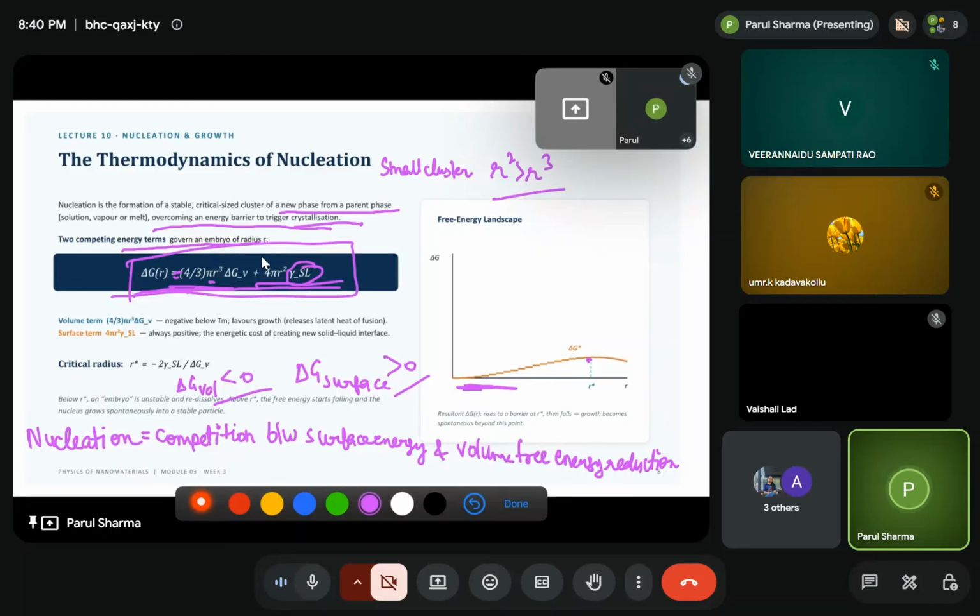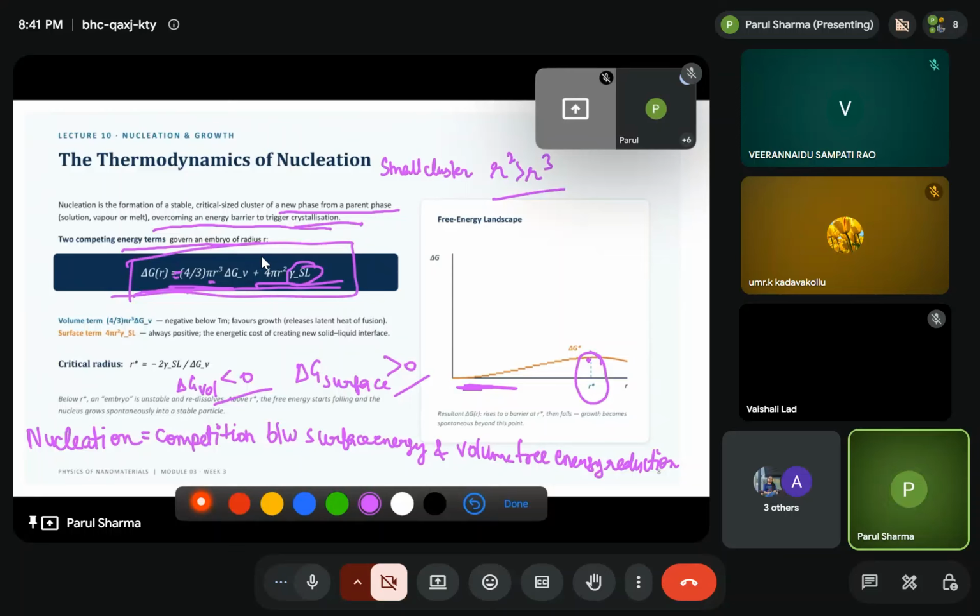So beyond a certain radius that we call the critical radius, it corresponds to the maximum Gibbs free energy.